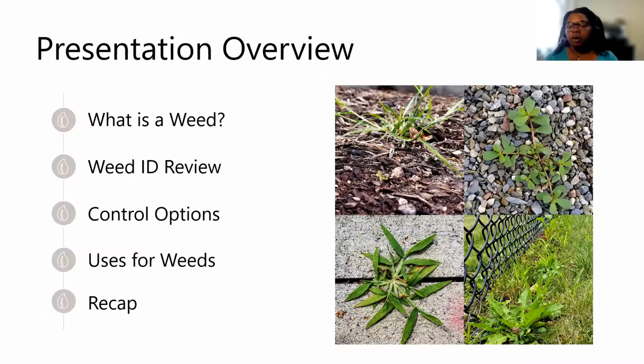Then we will move into discussing control options targeted towards a garden, community garden, and small site area. Finally, we'll speak briefly about a few uses for weeds. Weeds are not all bad, they're just plants, and there are some things you can do with common garden weeds that you find. Then finally, we'll do a brief recap.